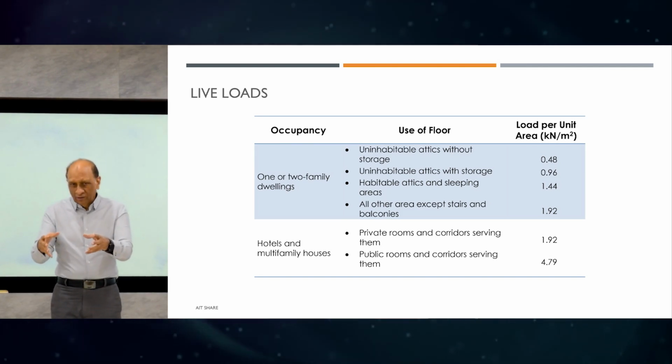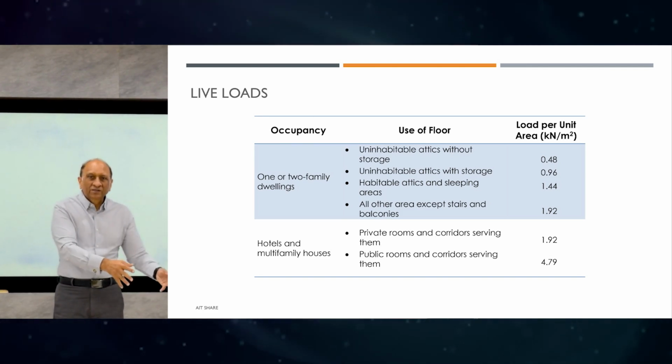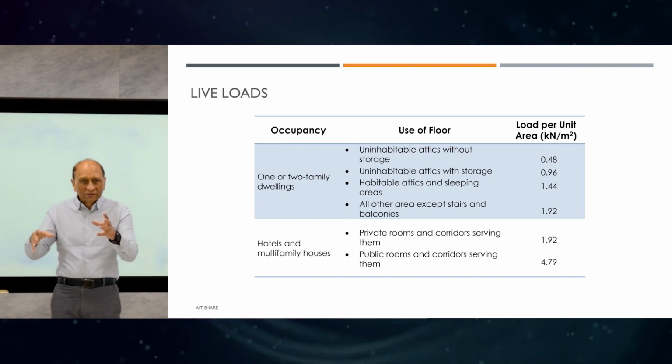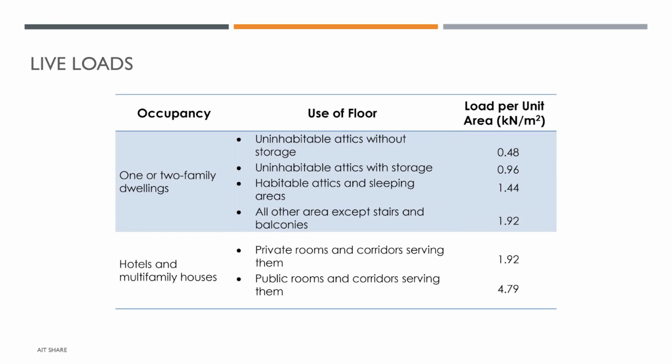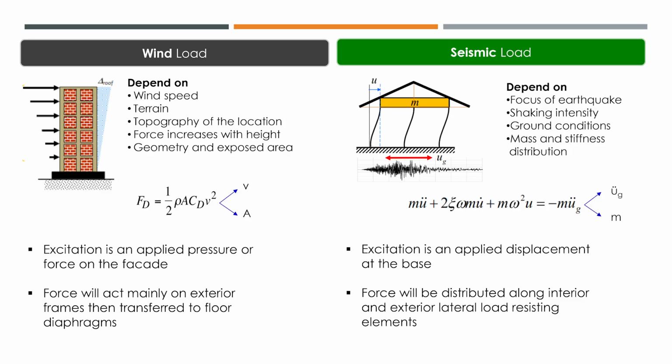For floor design, you cannot reduce. For foundation, you can reduce. For column, you can reduce. Things like that. So there are rules about that. So we need to be aware of the live load reduction and of the sequential dead load application. Then the biggest challenge comes now: the wind and the earthquake.